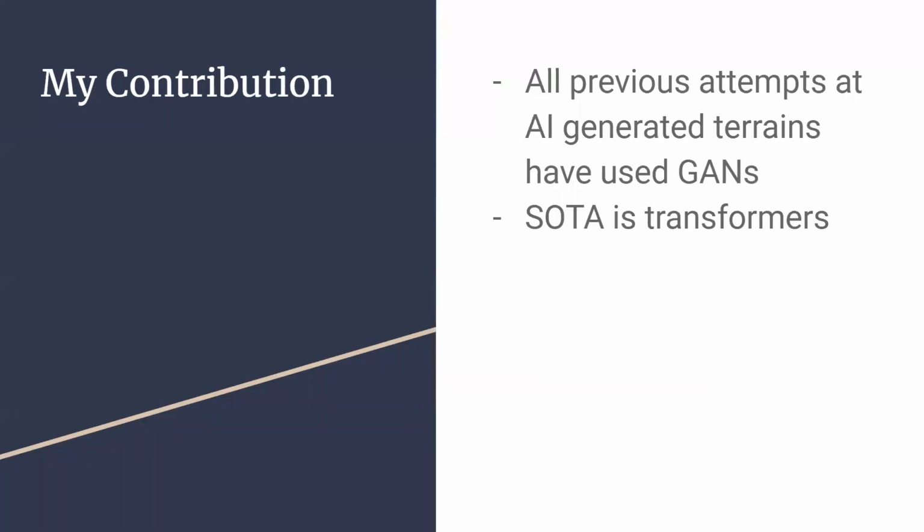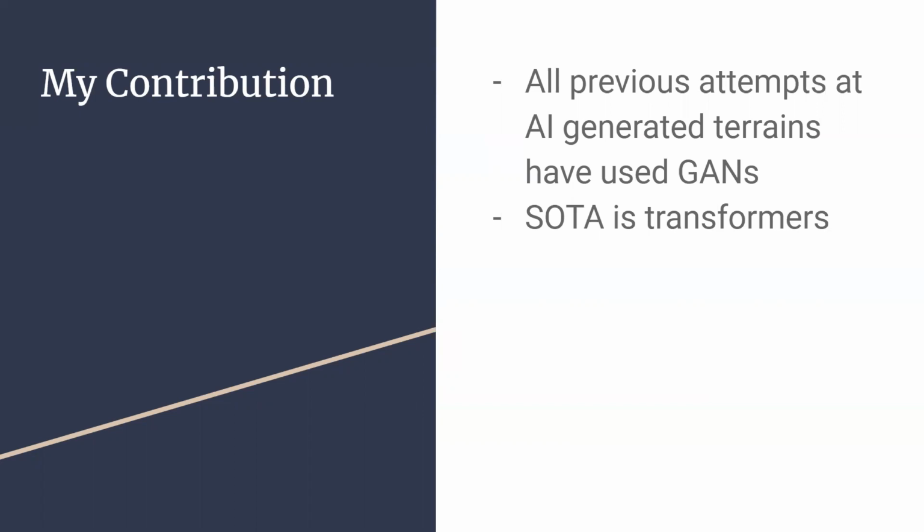My contribution is that all previous attempts at AI generated terrain have used GANs, which are great for building a proof of concept 5 years ago, and not super great when nowadays we have models that perform way better and train faster and generate faster.